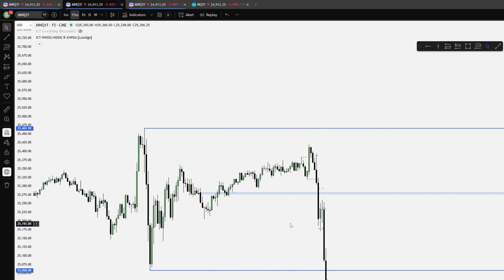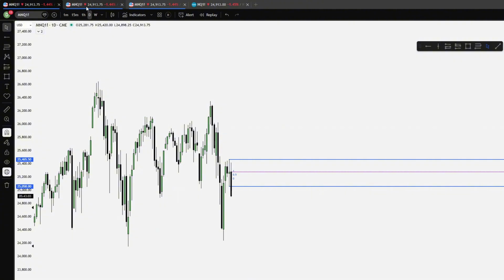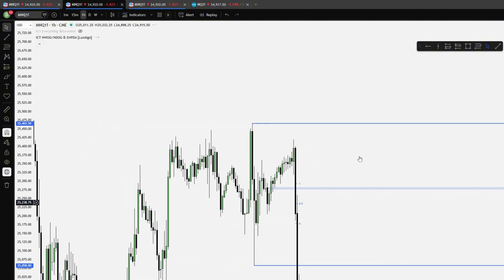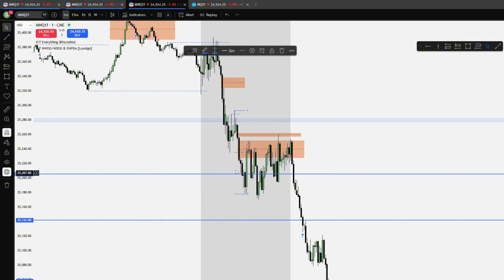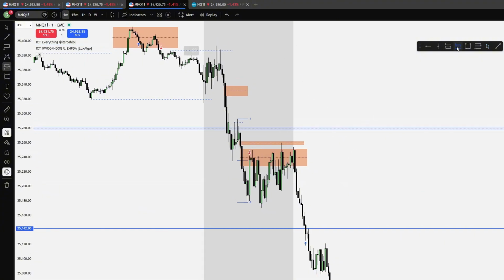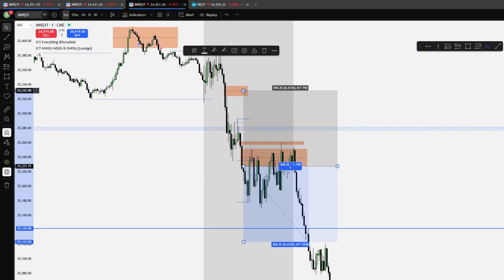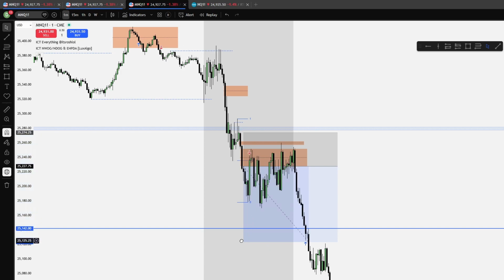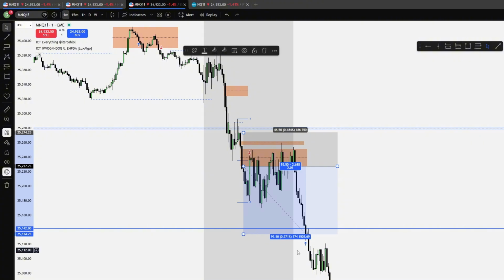Then I drop down to the 15-minute chart, or let me go down to a 1-hour chart, and I note this hourly sell side liquidity. So short here, stop above that candle. That's 1.8R, but I targeted just beyond for a 2R trade.